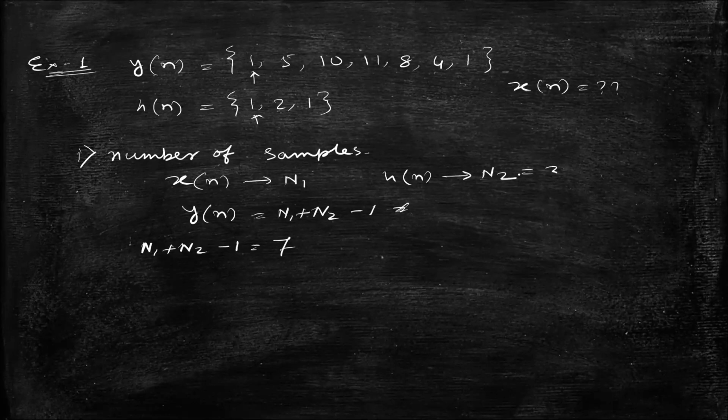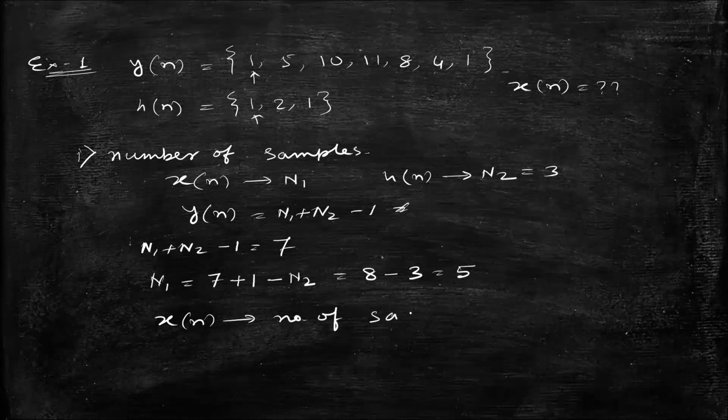So the number of samples in x of n will be 7 plus 1 minus n2, that is 8 minus 3, that is 5. So the number of samples in x of n will be 5.